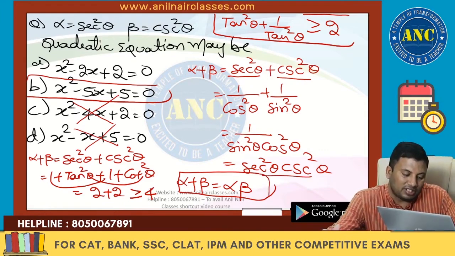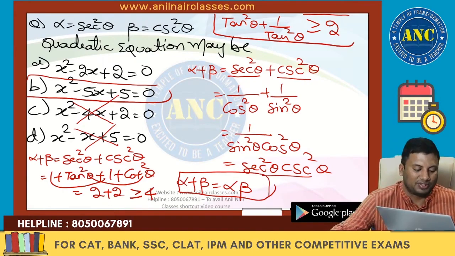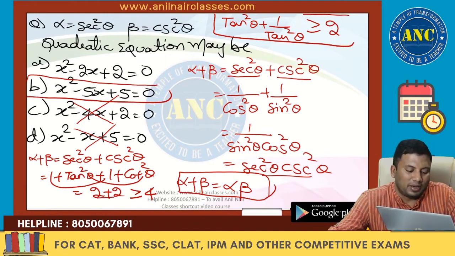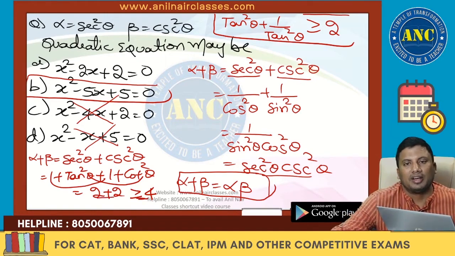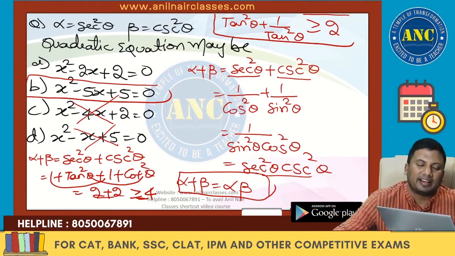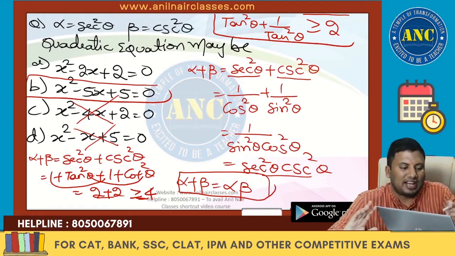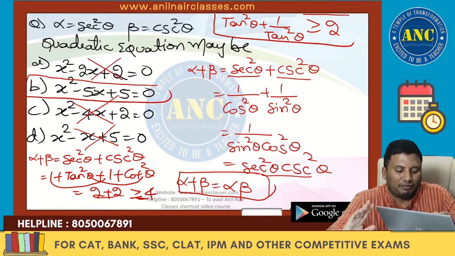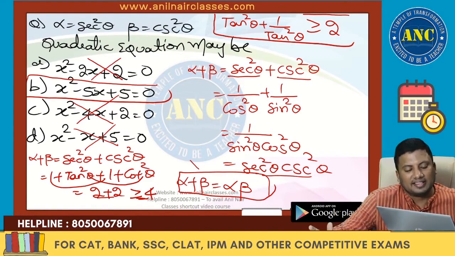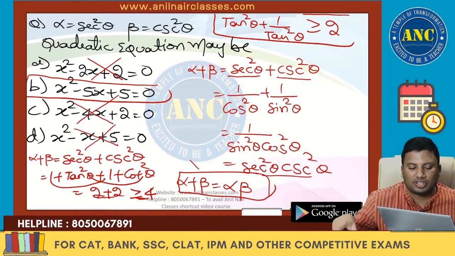Sum of the roots is equivalent to product of the roots. So 1 plus tan square theta, 1 plus cot square theta, 2 plus 2, greater than or equal to 4. Sum of the roots or the product of the roots will be greater than or equal to 4. First answer not possible. In the third and fourth, this condition is not being satisfied, for C and D. So the option for this question is B.